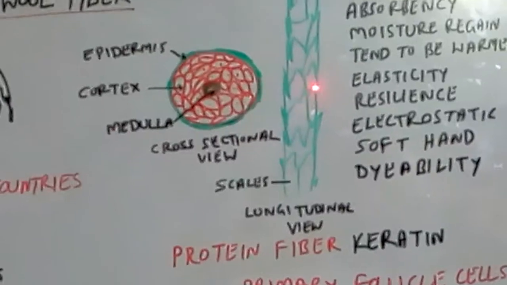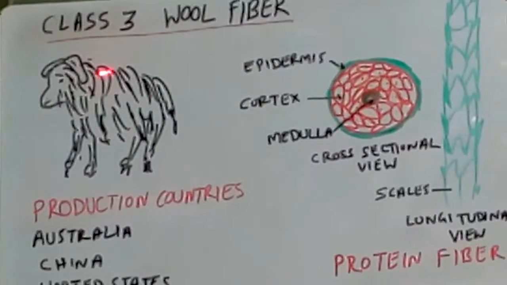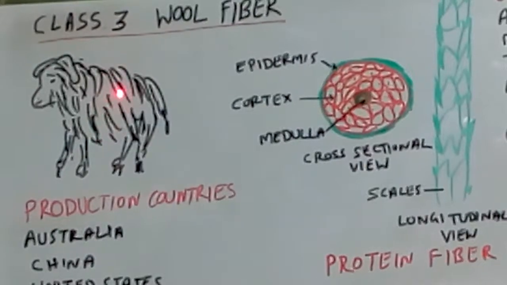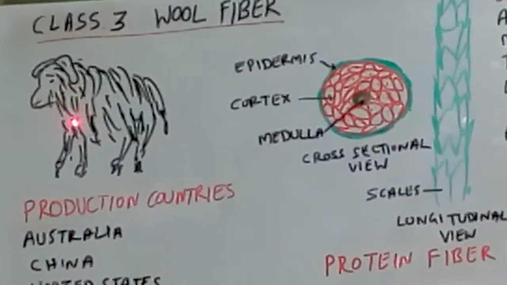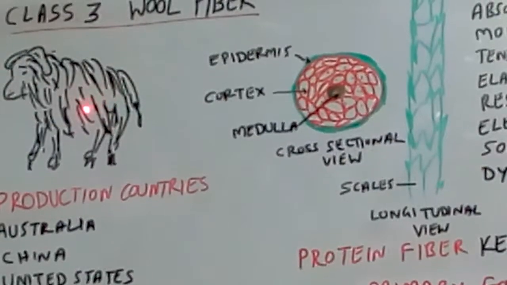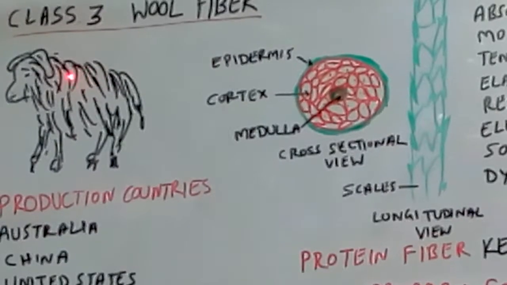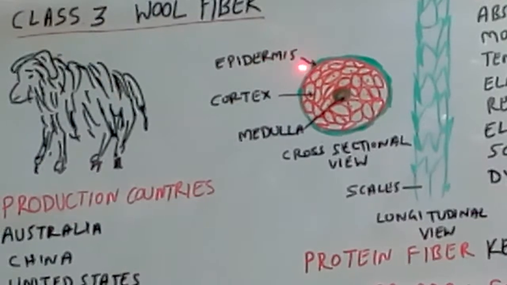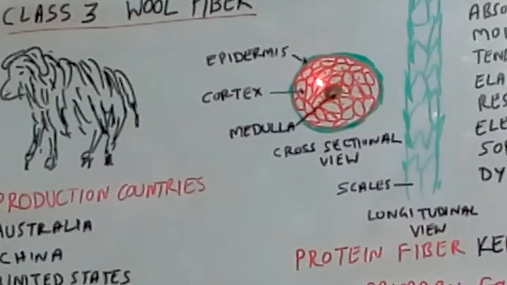After seeing the longitudinal and cross-sectional shape of this fiber, now I'll come to the skin of the sheep or goat. The wool fiber is extracted from the skin. How does this wool fiber grow on the skin of the sheep? The skin of the sheep has two parts, one is the epidermis, the top layer, and second is the dermis, within the layer.